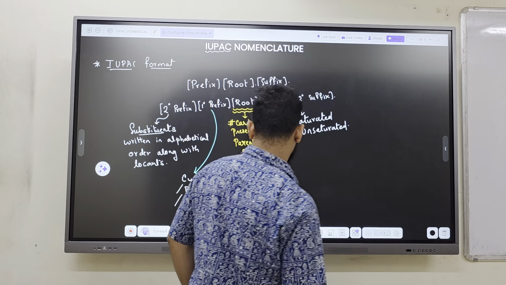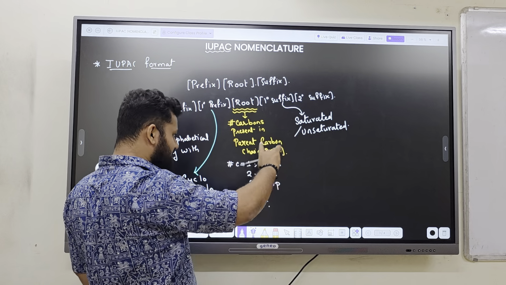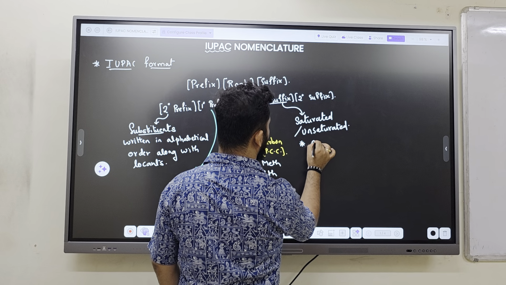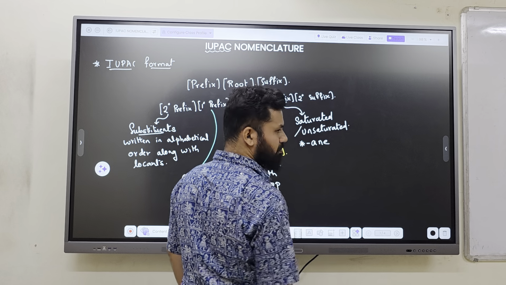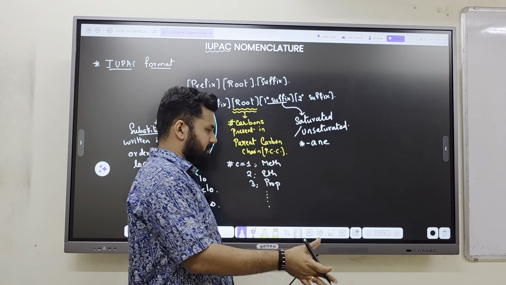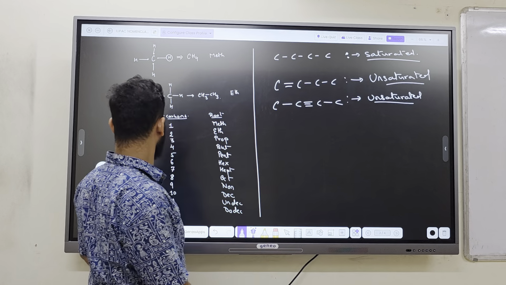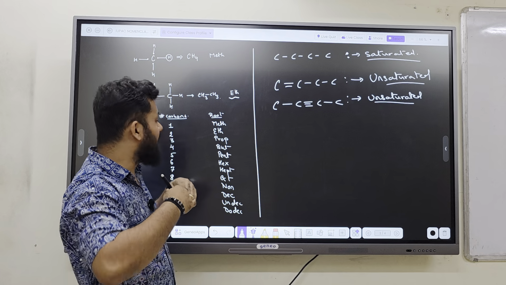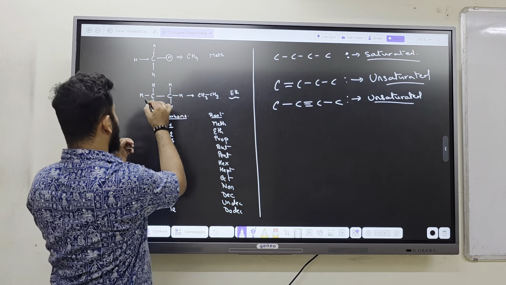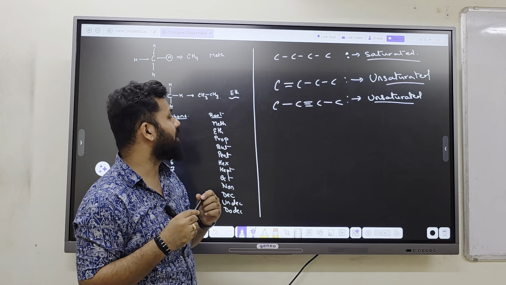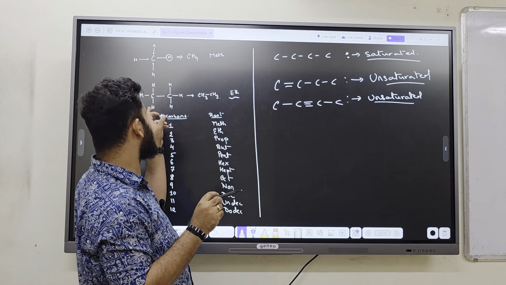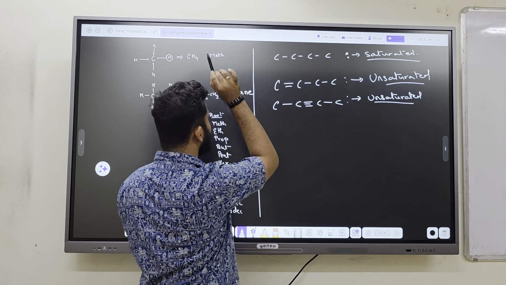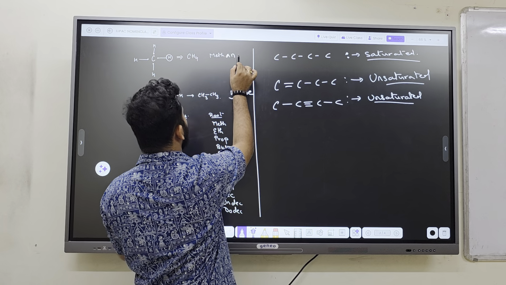In case our PCC is saturated, then the primary suffix would become "ane", like ethane. This guy is eth. Eth is the root word, and the primary suffix, since they are linked together by a single bond, would become "ane". The name of the CH3 compound in that case would become ethane, methane.